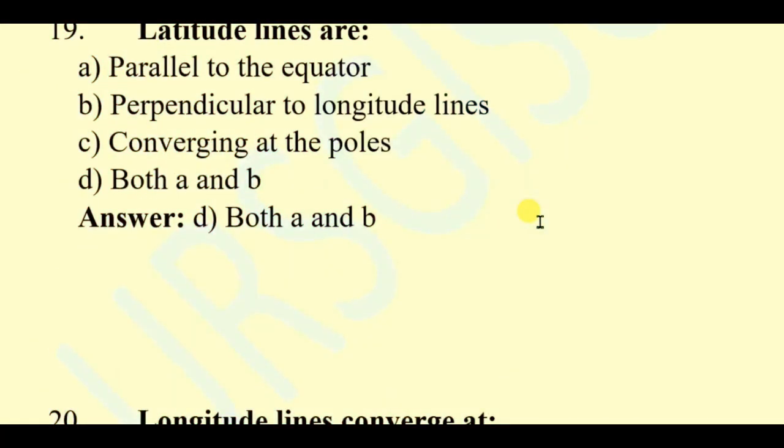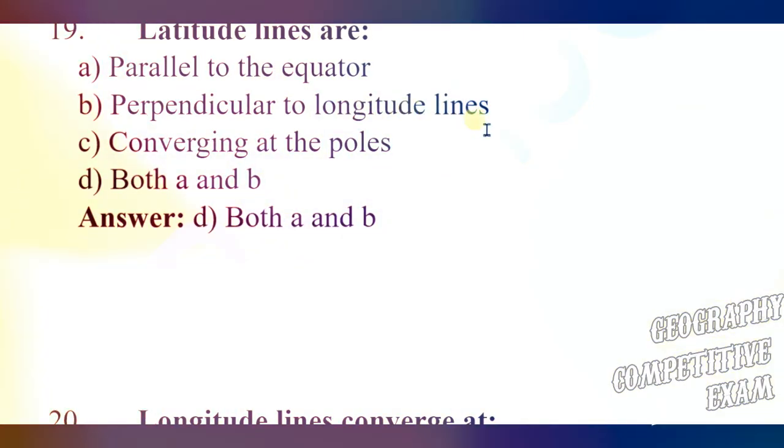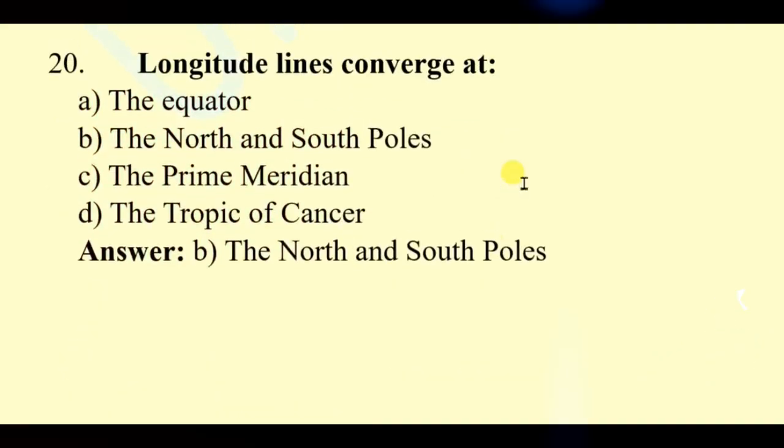Latitude lines are parallel to the equator, perpendicular to longitude lines, converging at the poles, both A and B. Here the right answer will be both A and B, because parallel to the equator and perpendicular to longitude lines. Question 20. Longitude lines converge at the equator, the north and south pole, the prime meridian, the Tropic of Cancer. Here the right answer will be north and south pole.